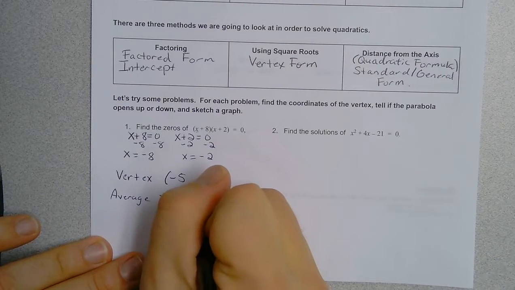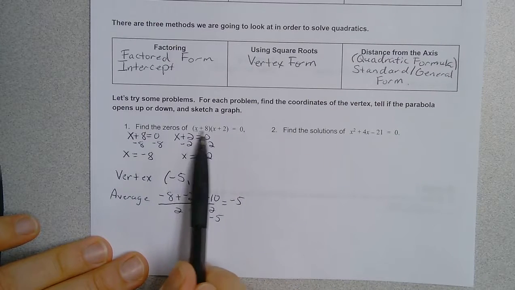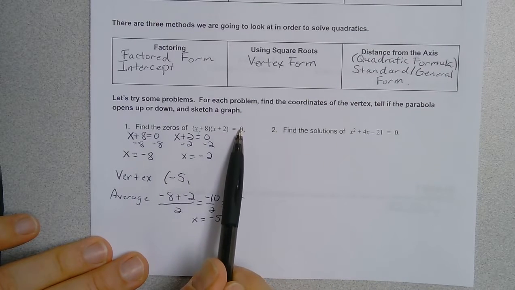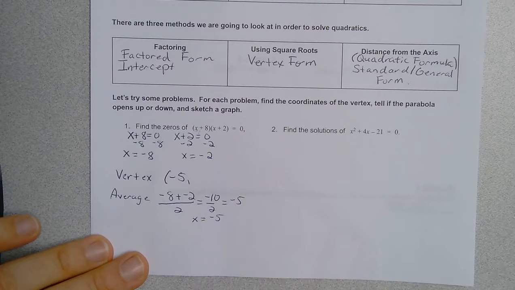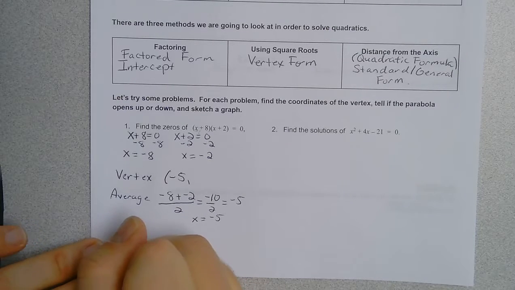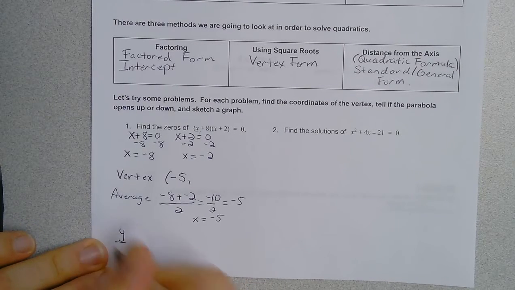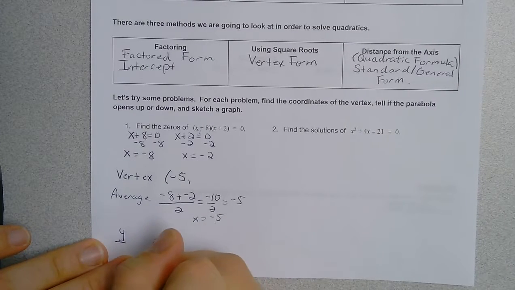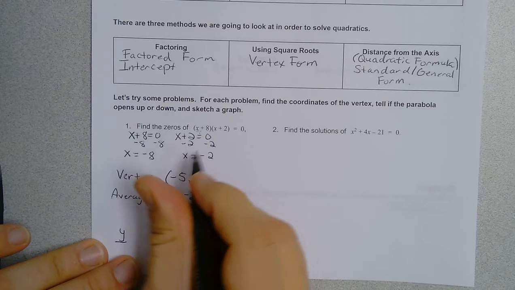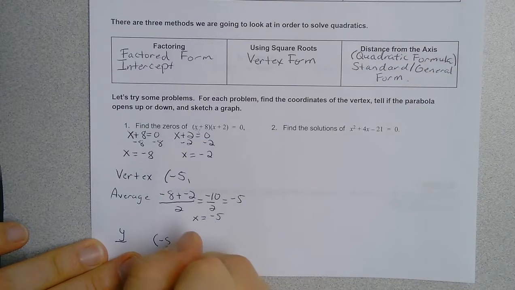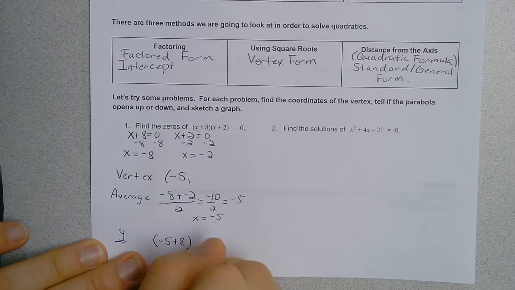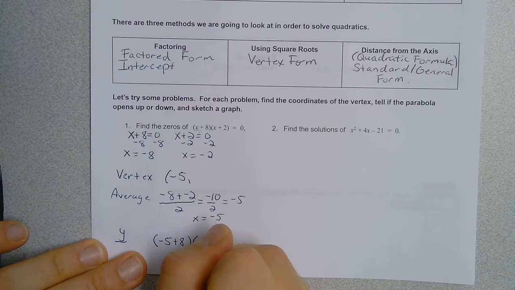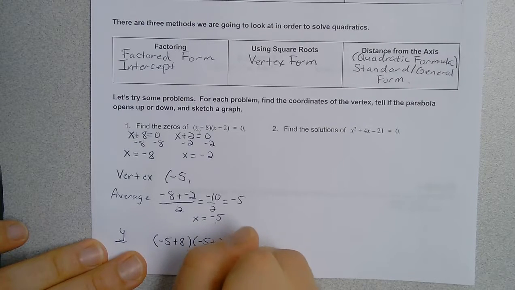And then what I do is substitute into this function. Remember, instead of 0, we can substitute in y. So to find y, we take our function, and I'm going to substitute -5 in. So -5 plus 8 times -5 plus 2.